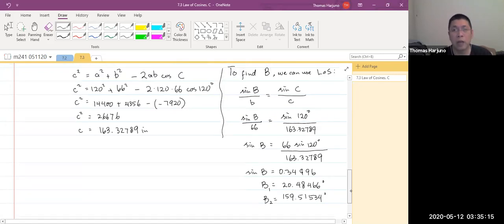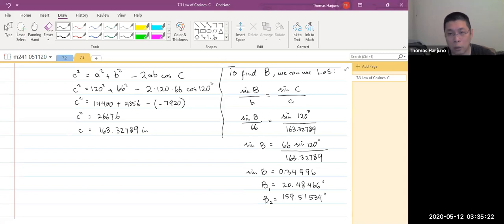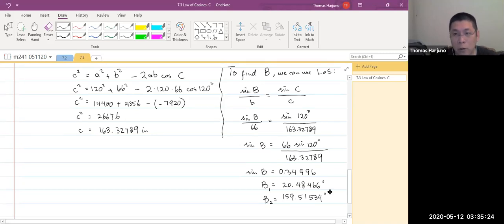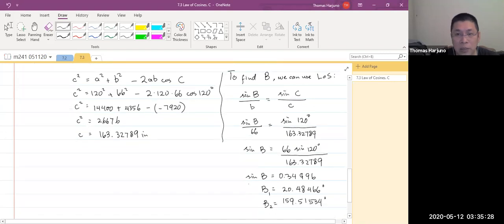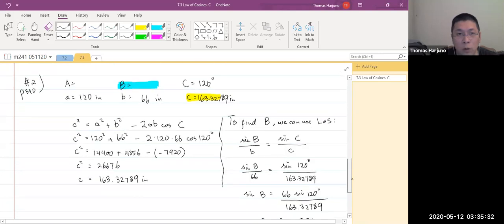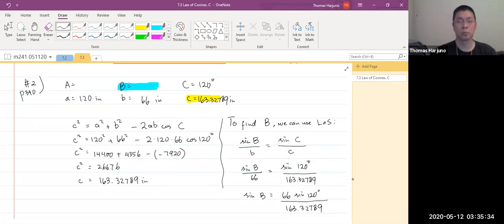So the reason I say that if the law of sines and law of cosines are both usable, we prefer the law of cosines is the following. When you use the law of sines here, notice that you have two possible B's, but one of them doesn't work. Why?